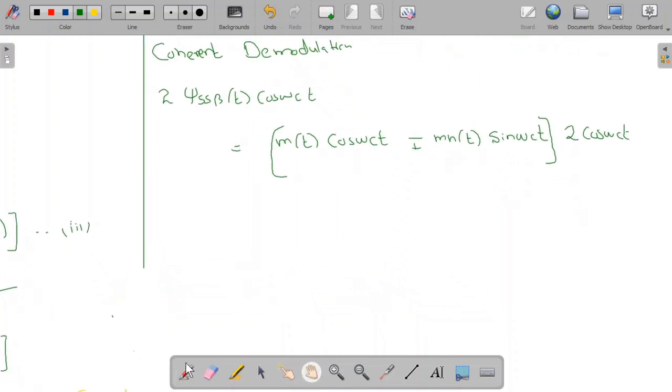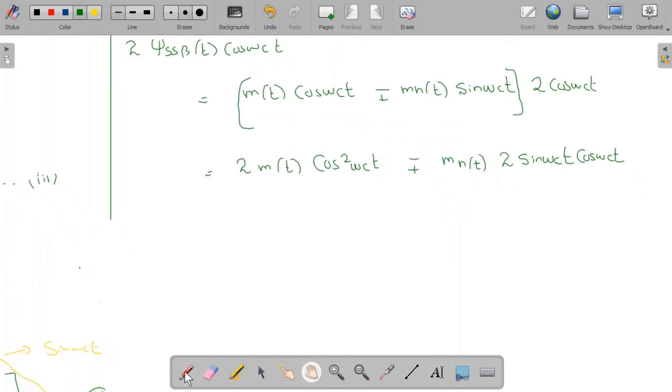Now when I multiply this, I am going to get 2 m of t cosine square omega ct, and then I'm going to have the minus plus sign over here, m h of t, and then 2 sine omega ct cosine omega ct. Now we are going to use trigonometric properties.